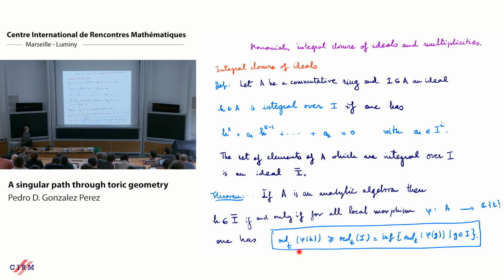So this means that the order of phi of h is bigger or equal to the order of the ideal, the infimum of the order of the image of the elements in the ideal.